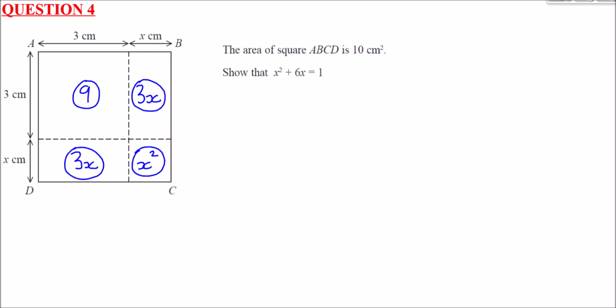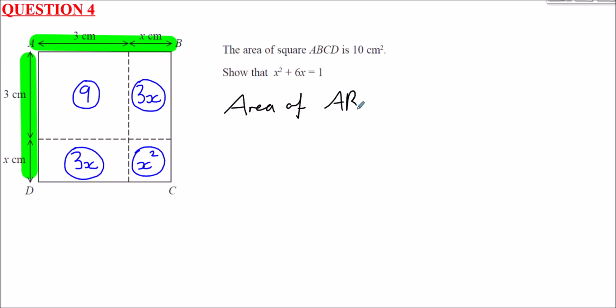So what we've done here, all of these bits and pieces added together will give us the total area of this square ABCD. But ABCD has a total length of 3 plus x, and because it's a square, its width is the same as the length. It's the same going down as well. That's 3 plus x as well. So the area of ABCD is the area of a square.